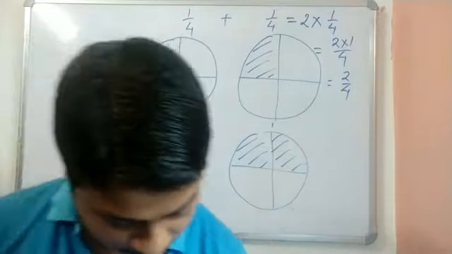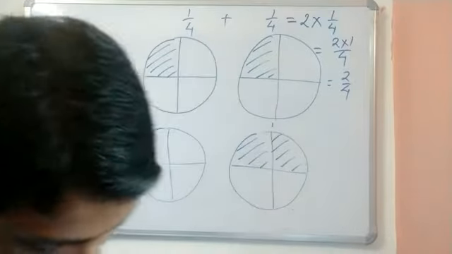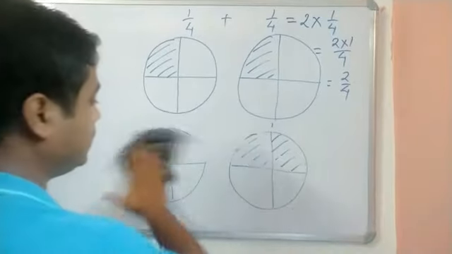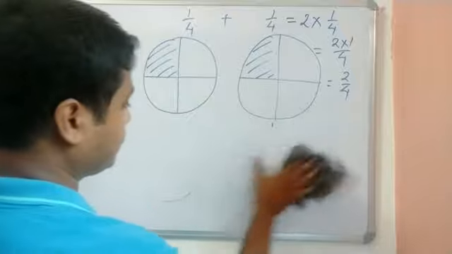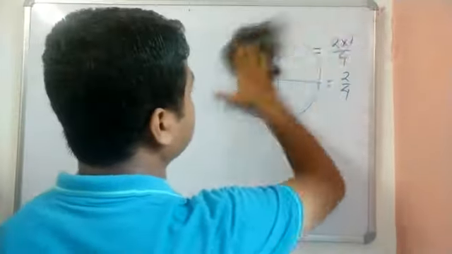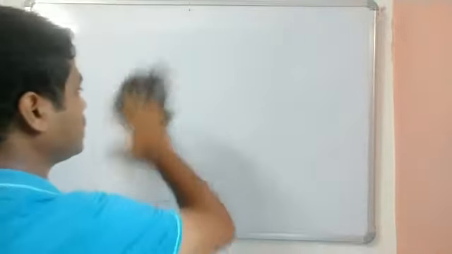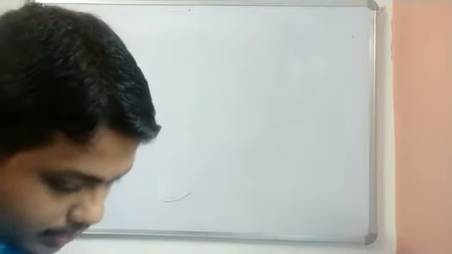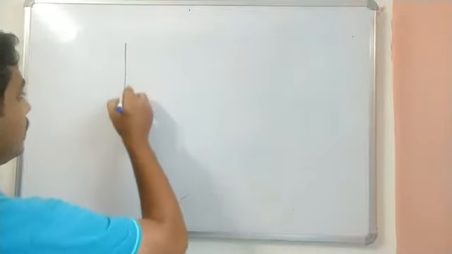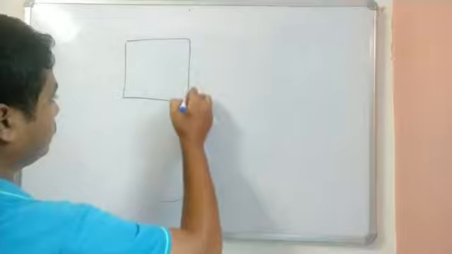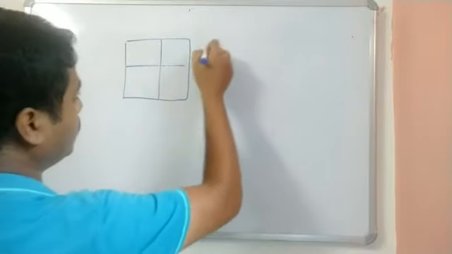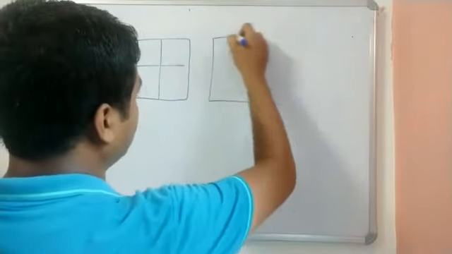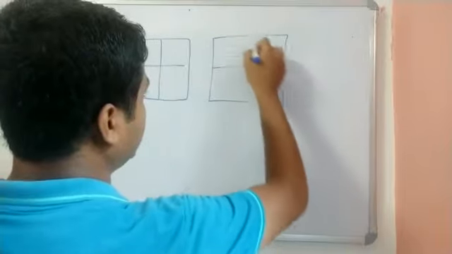So some more examples, if I go on doing it. Suppose we have this square. The square is divided into 4 parts. We have one more square, again divided into 4 parts.